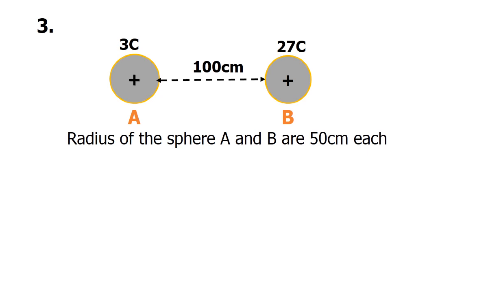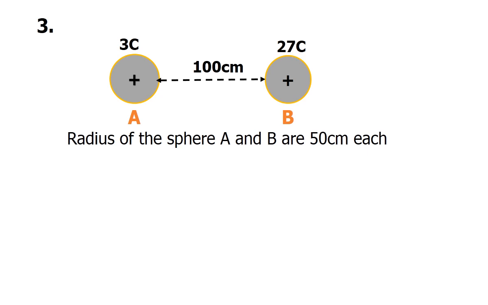Creative question number 3. In this creative question you can see a diagram here. In the diagram there are two charges A and B, and the charge A is positive charge, and the first charge is given here 3 coulomb, and the second charge is given here 27 coulomb.